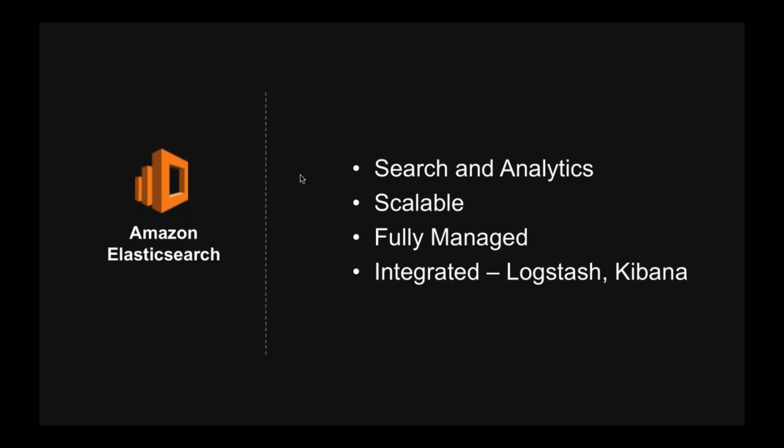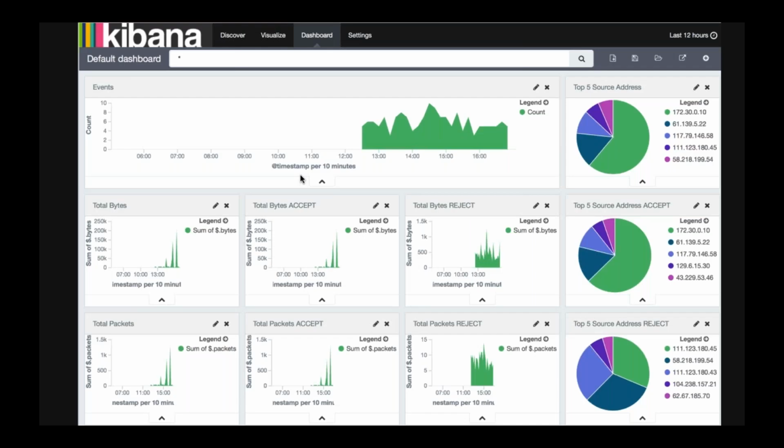It's essentially a managed Elasticsearch cluster, integrated with the open source ingestion and also the visualization tools such as Logstash and Kibana. So if you're not familiar with Kibana, it's a great way to create real-time dashboards, very easy to use, and used a lot for this type of thing where you just want to get a quick snapshot of what's going on in your environment.